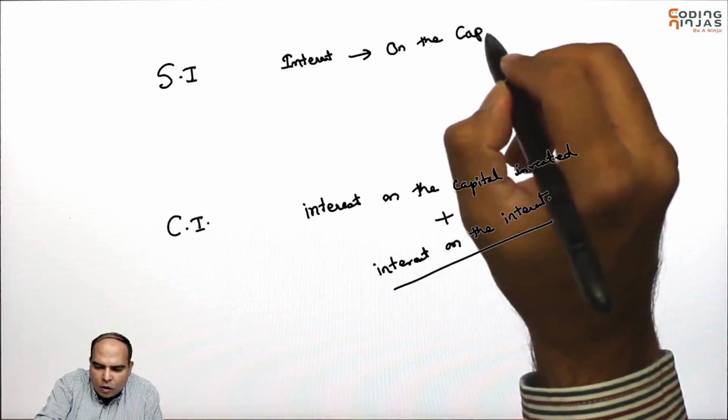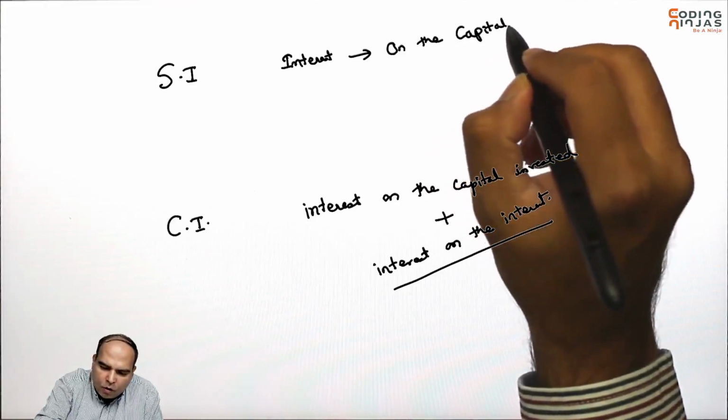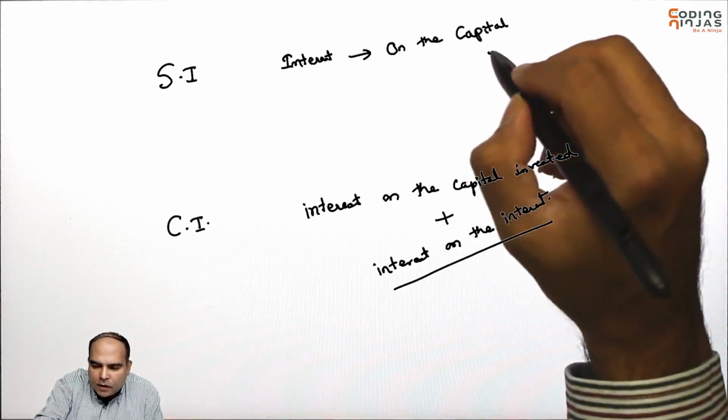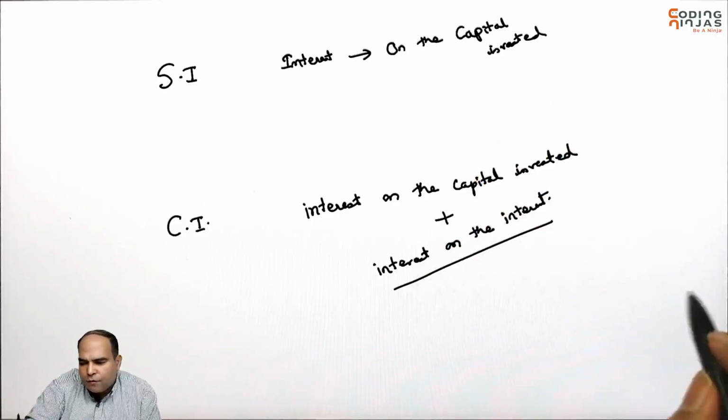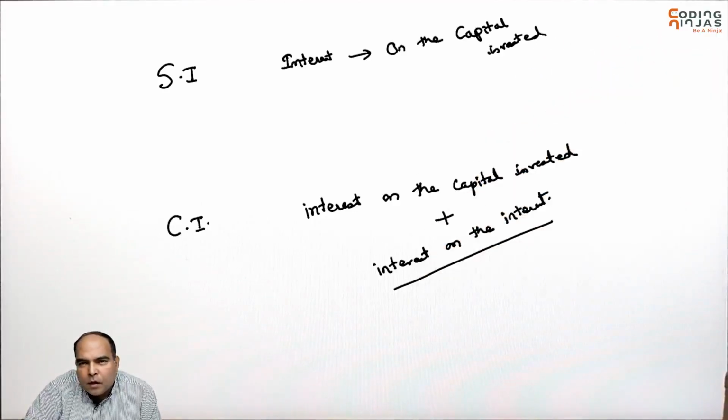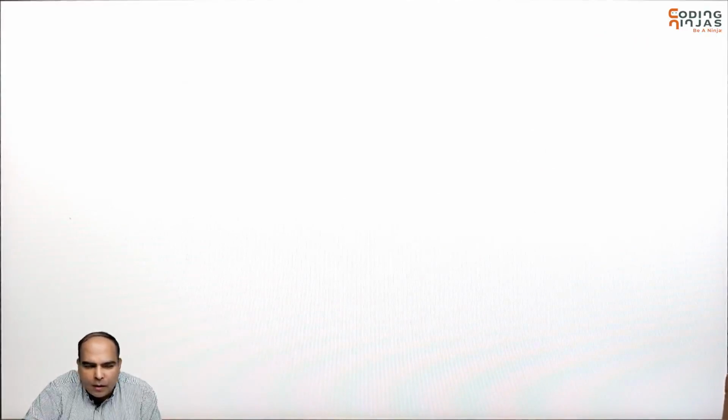That means you are not given any interest beyond what you get on the capital invested. And this difference will be very clear to you from a very simple situation example.